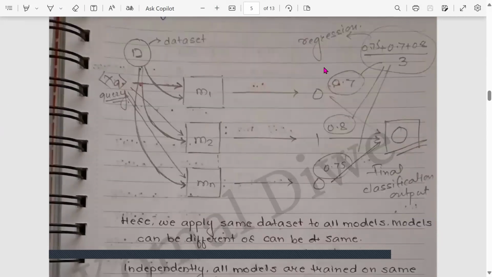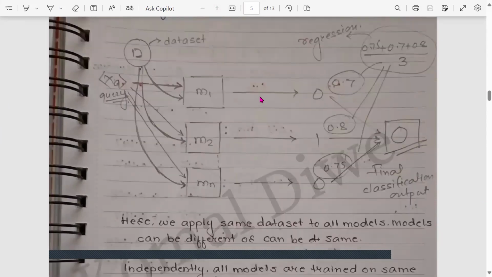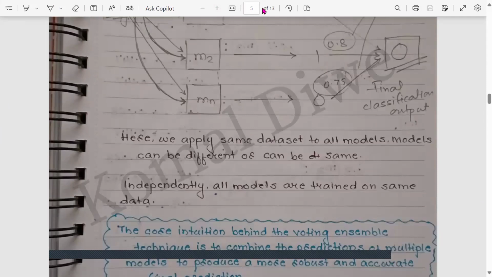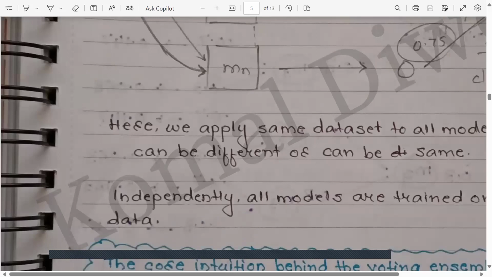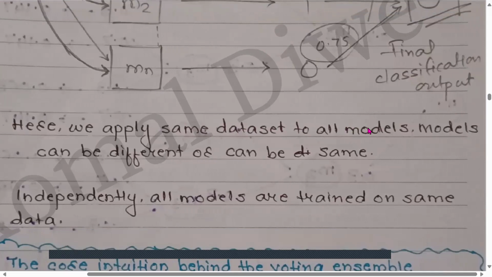If the problem belongs to classification, we take the majority. If the problem belongs to regression, we take the average of all individual model outputs. Next, some important points are written that you have to keep in mind. Here we apply the same data set to all models. Models can be different or can be the same.